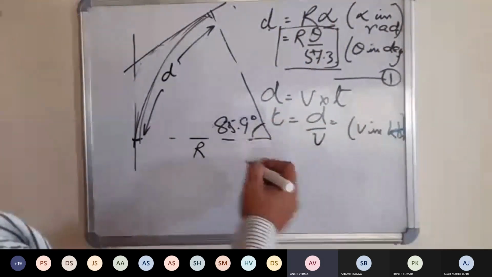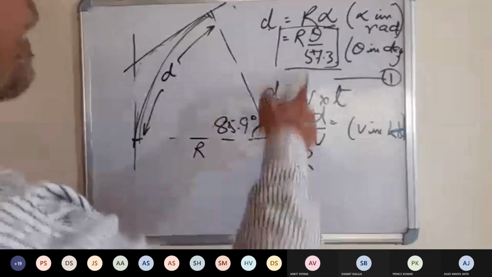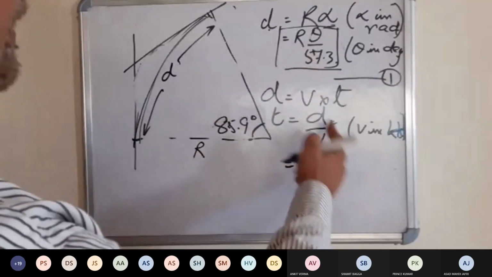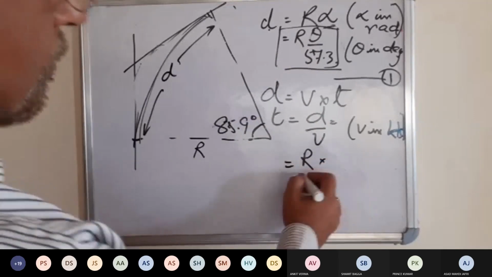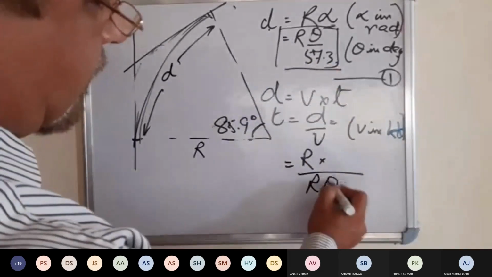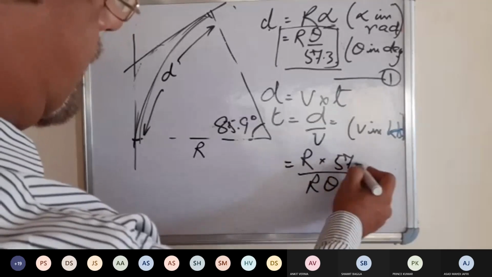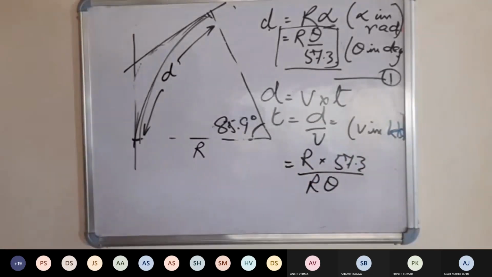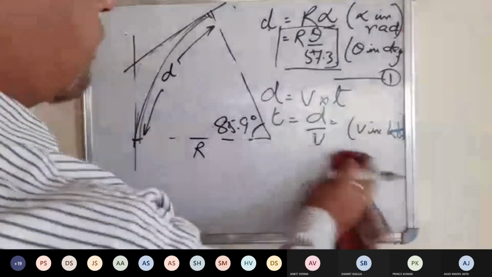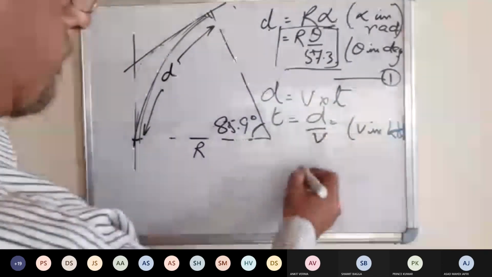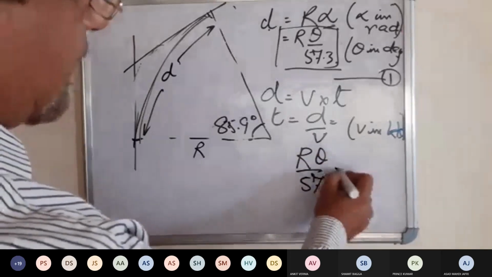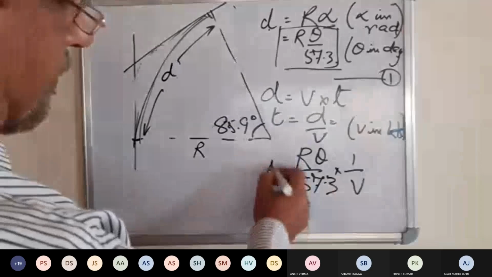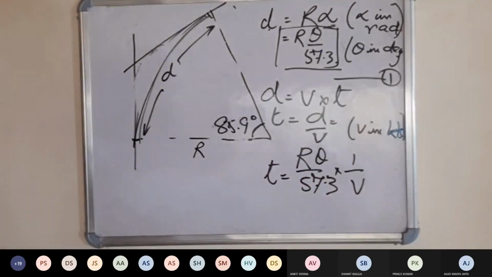Okay, so that means t is equal to r theta by 57.3 into 1 by v. Correct? Yes, sir.